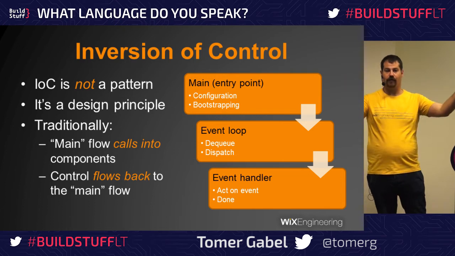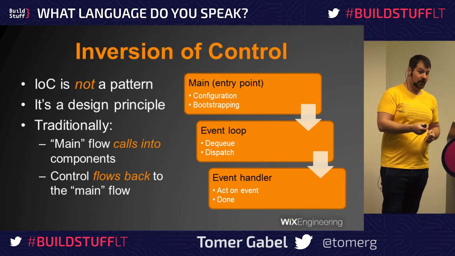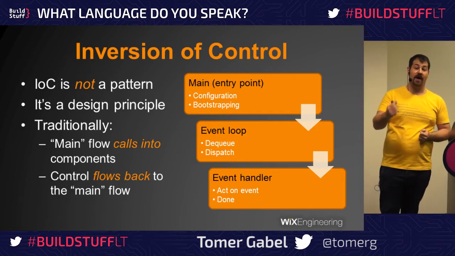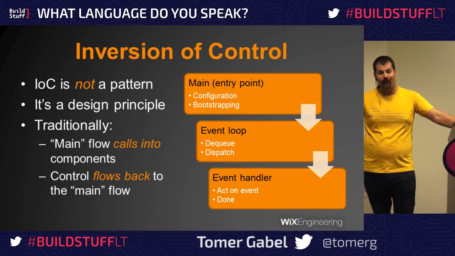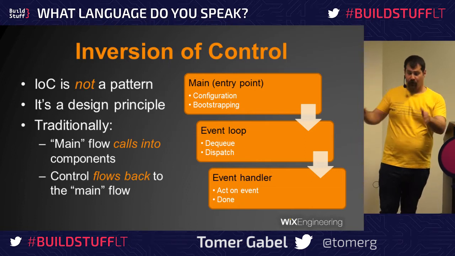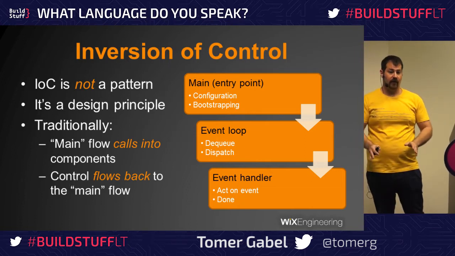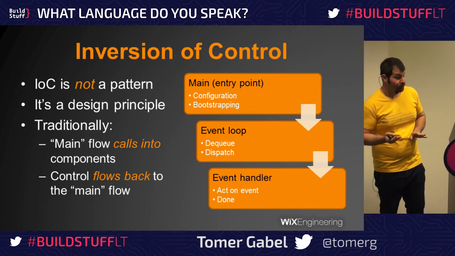I just surrender control, and I wire things into my inversion of control container, which in turn calls back into my components that I've registered with it. That is why it's called inversion of control. Instead of me being fully in control and dealing with the traversal of control flow as part of my program, I just start up this container, wire things into it, and let it do its job, and it will call me whenever is appropriate.